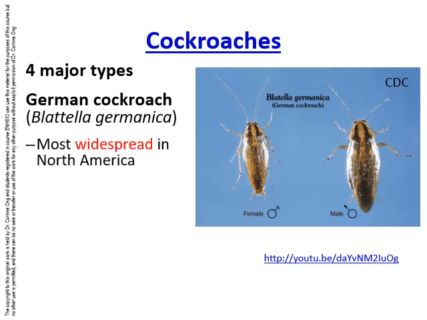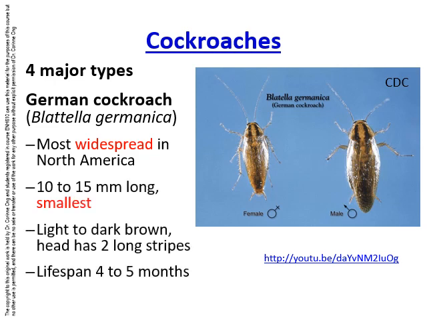So as I mentioned, we're going to go through the 4 major types of cockroaches that are found in North America. The first one is called the German cockroach. It is actually very widespread in North America, and it's probably the one you'll encounter most in your public health practice if you're approached by the public with a cockroach to identify.